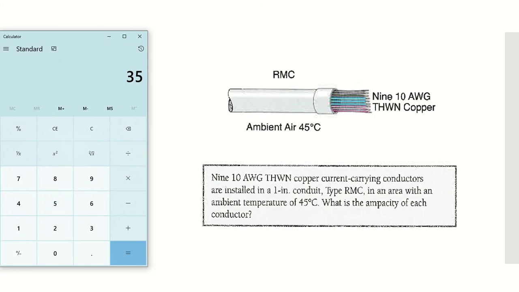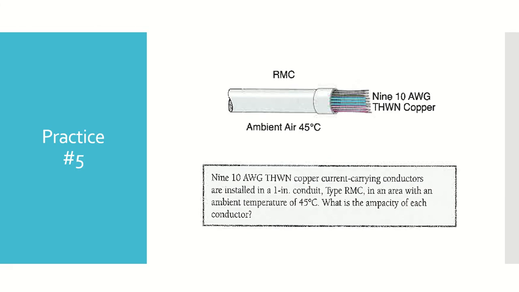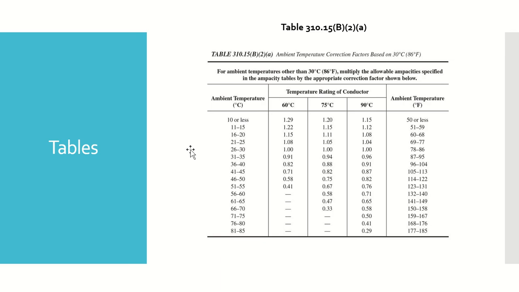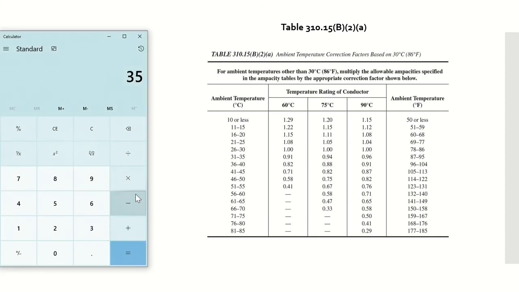All right, the next part is I've got to manipulate the second table. Ambient temperature of 45 degrees C. And here is my column for my 75 degrees C jacket. So now I need to multiply that by 0.82.